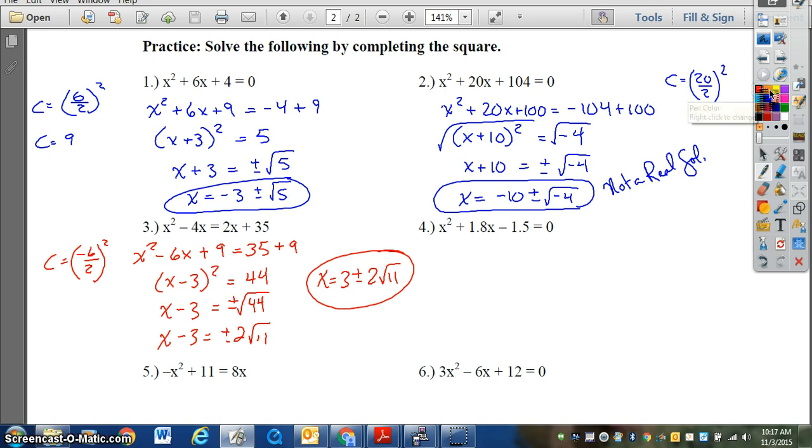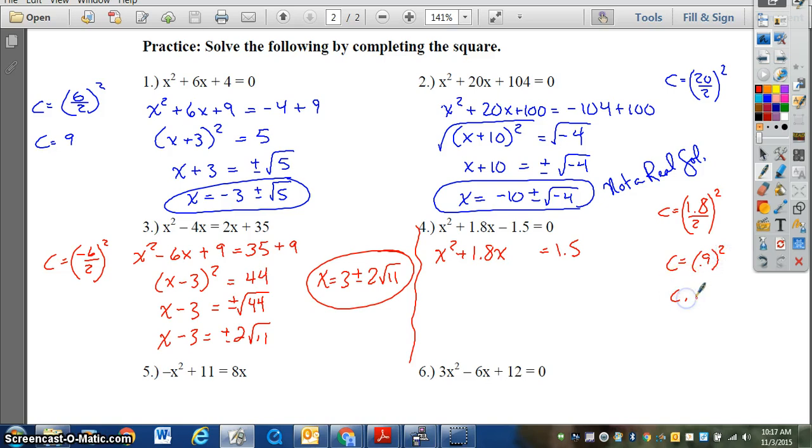Number 4, lovely decimals. Again, it's still business as usual. Move 1.5 over, so now it's positive. My new C term will be half of that, which is 0.9. If you do 0.9 squared, you'll get 0.81. So what I'm going to have here is plus 0.81 on both sides. This factors as x plus 0.9, since 0.9 times 0.9 is 0.81 and 0.9 plus 0.9 is 1.8.